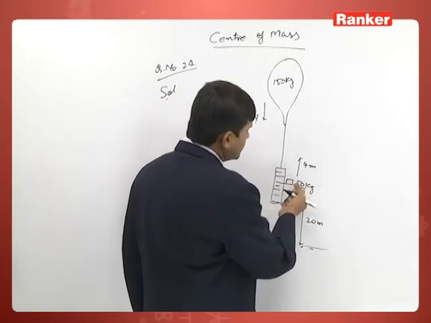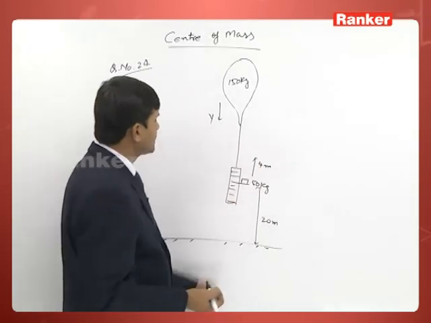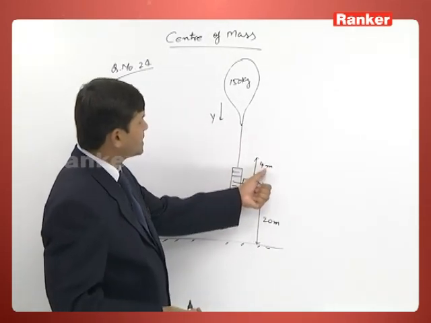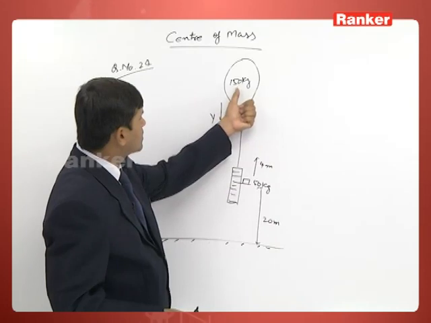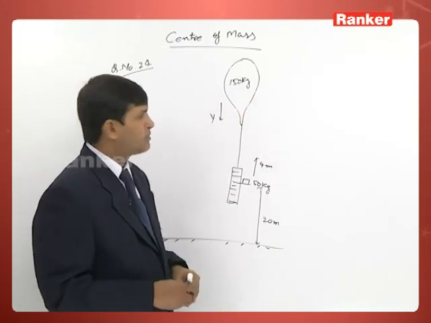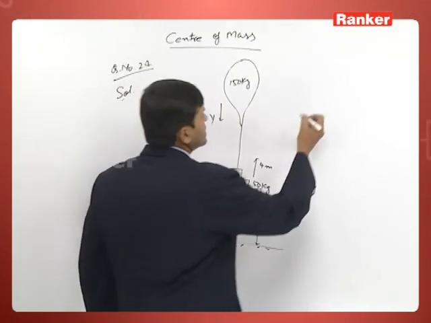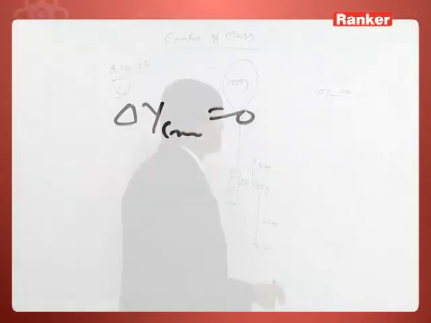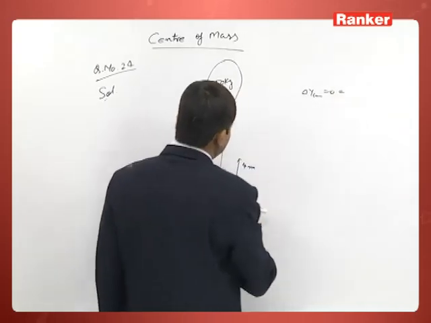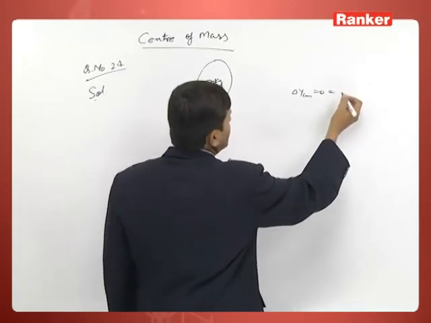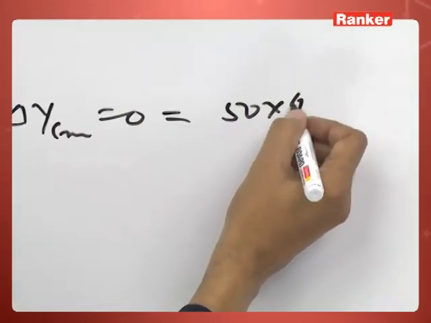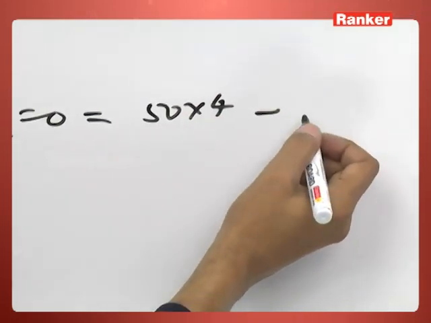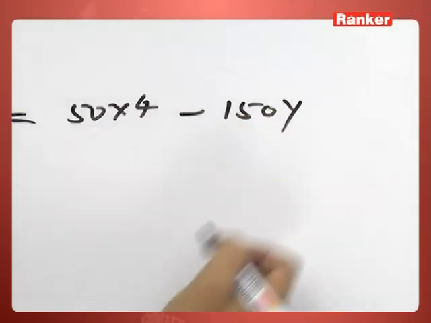So the distance raised by the person, 50 into 4, must be equal to 150 minus y. So delta ycm is equal to 0. The person is moving upward 50 into 4, the balloon is coming down 150 into y.